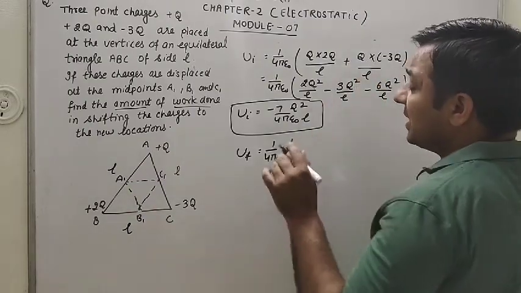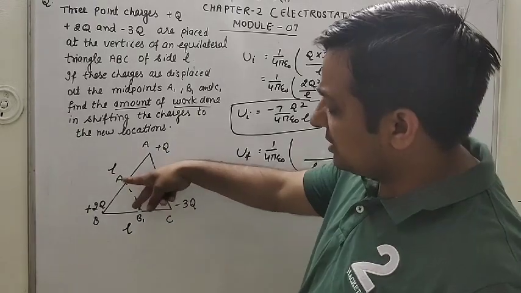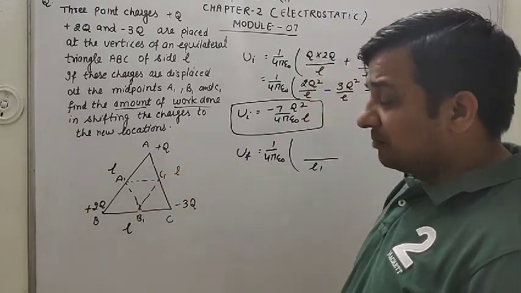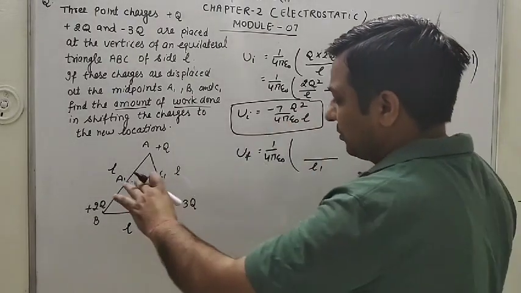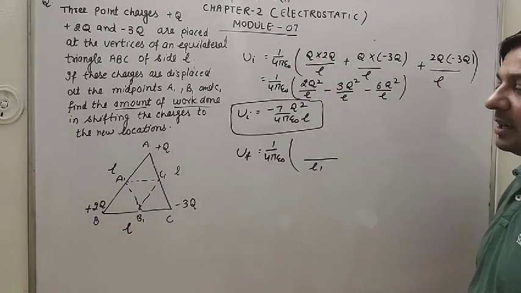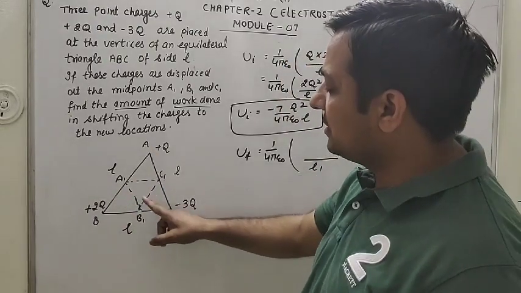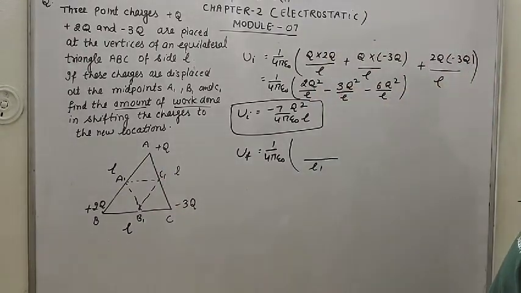Now the length between these two charges is L by 2, and all the sides are L by 2, because it is an equilateral triangle and all sides are the same.